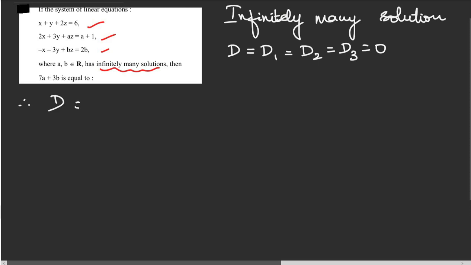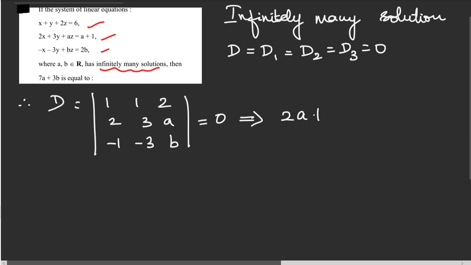Therefore, we take D as the determinant of the coefficients of x, y and z in all three equations: 1, 1, 2; 2, 3, a; minus 1, minus 3, and b, and equate this to 0. Simplifying, we get 2a plus b minus 6 is equal to 0.